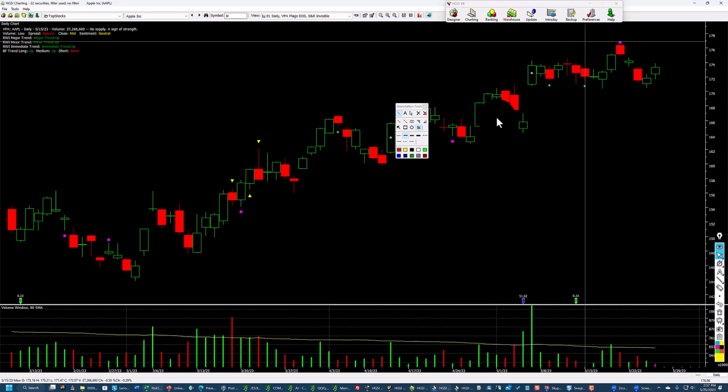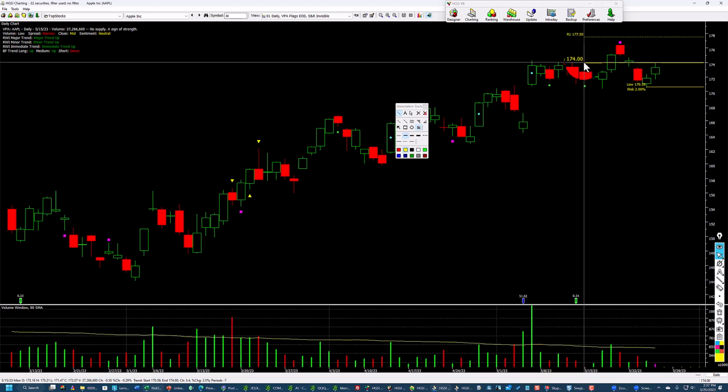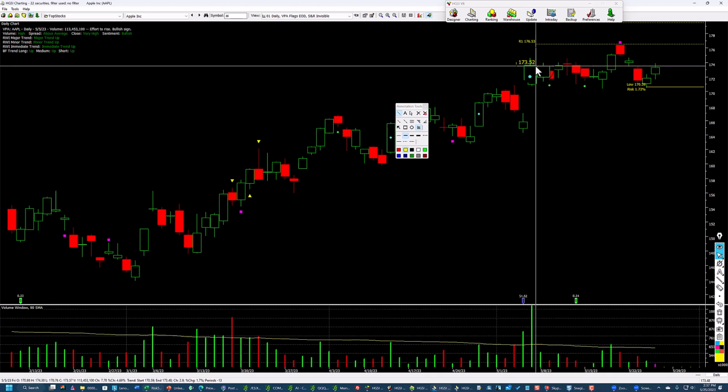And I'll use yellow. I'm going to put it at this low point right here. And then the buy point would have been clearing that by a couple of cents. It's right there. But look at the risk. It's only 1.68% using this tool.